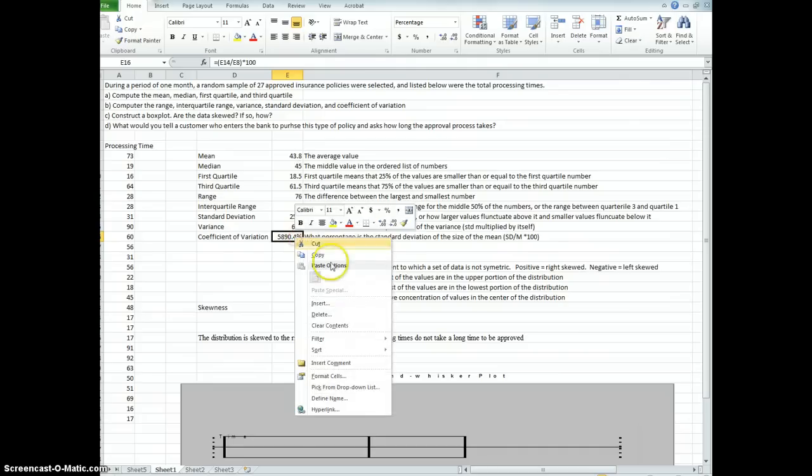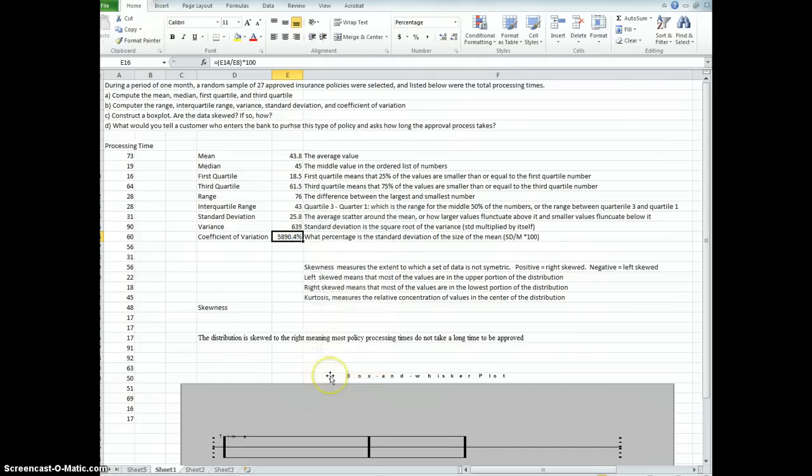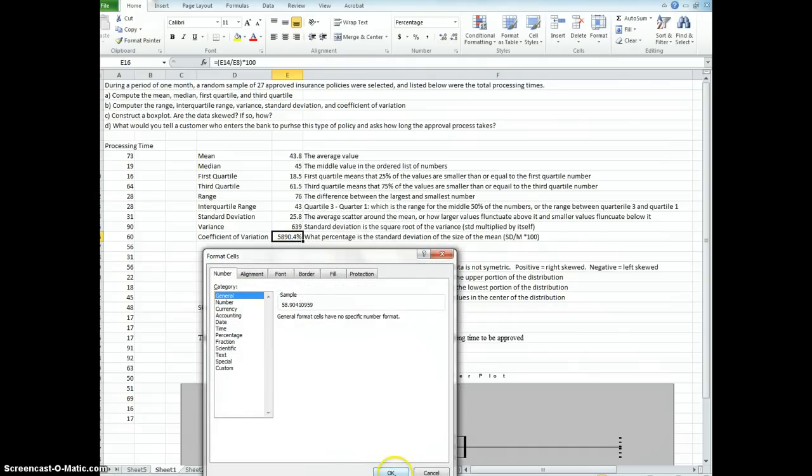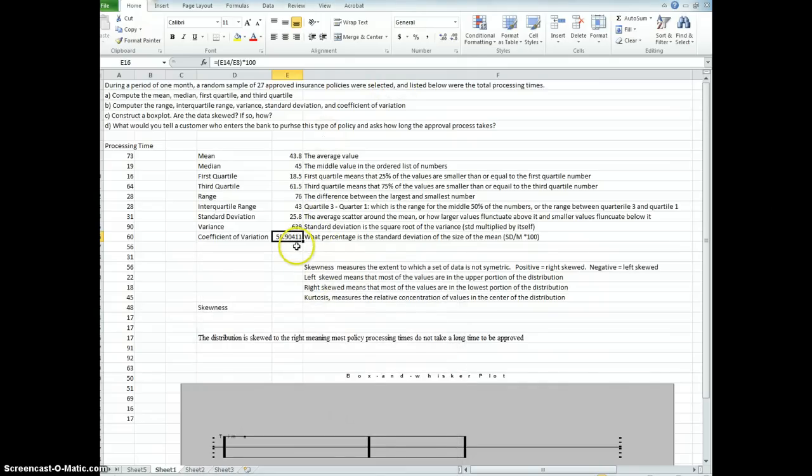This field now needs to be converted back to a general field since it was converted to a dollar field. So we have 58.9%. So our standard deviation is 58.9% the size of the mean.